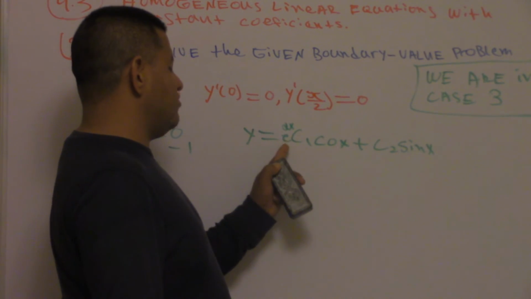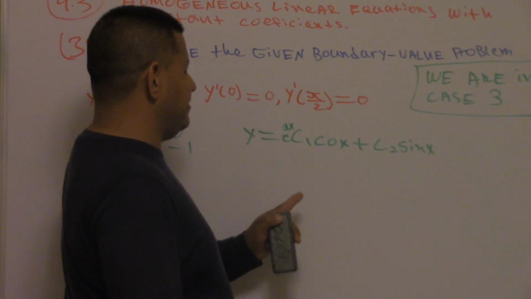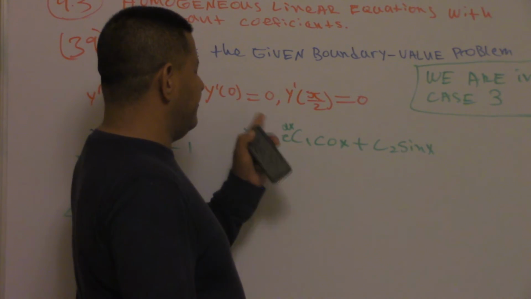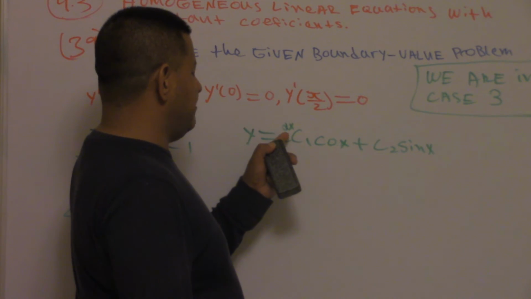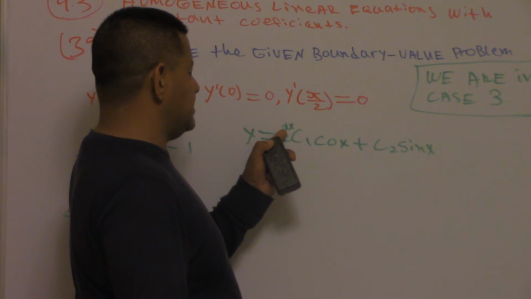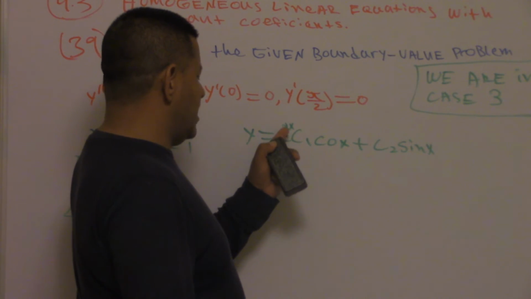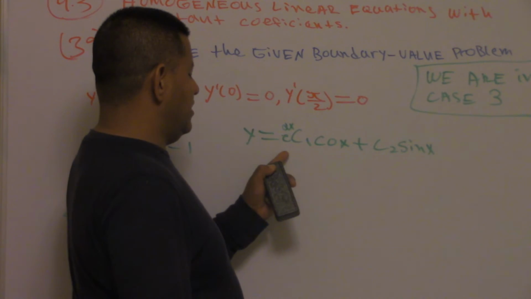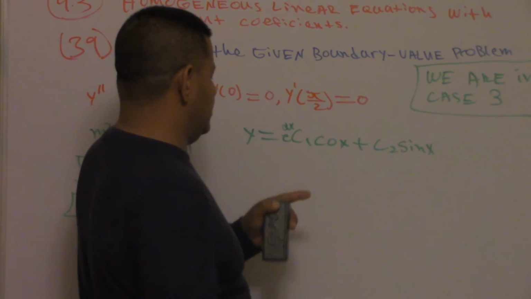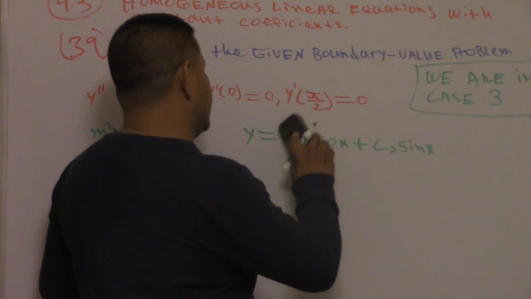But in this case, because alpha is 0, if I plug in 0, any number to the 0 power is 1. So anyway, that is the case.